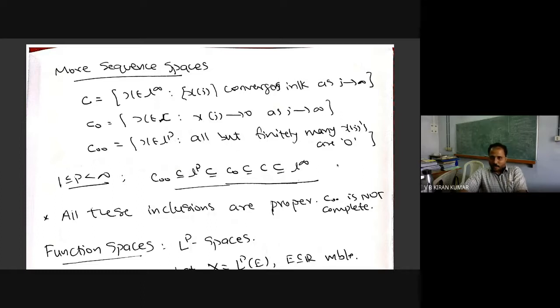Now you can prove this inclusion, that is easy. In C00, only finitely many non-zero terms are there, so definitely it will be p-summable for any p. Now you take a p-summable sequence. Since for every convergent series the nth term goes to 0, that is a result you know, right? If a series is convergent, the nth term goes to 0. Do you agree with that?